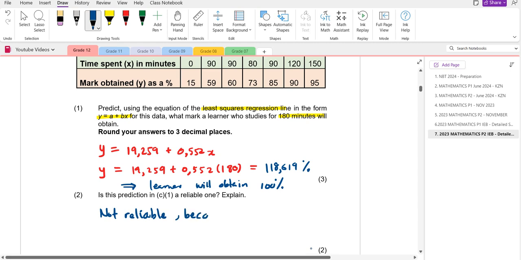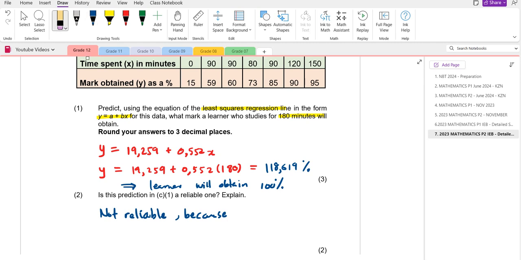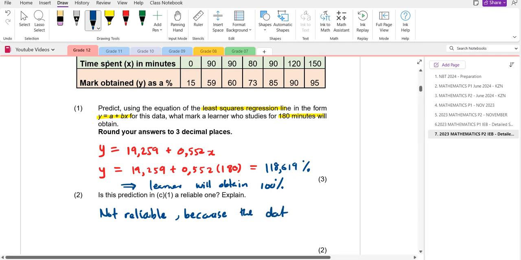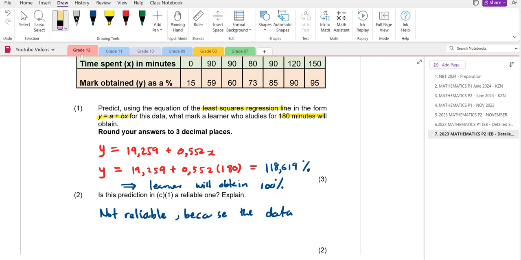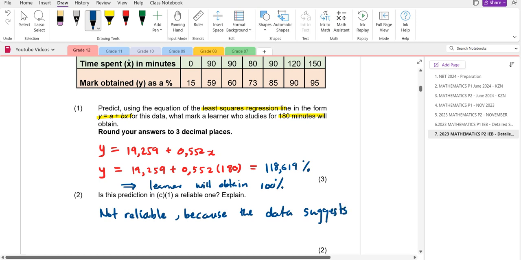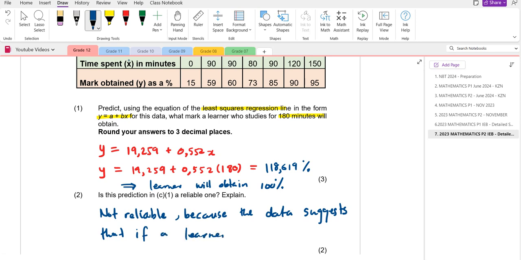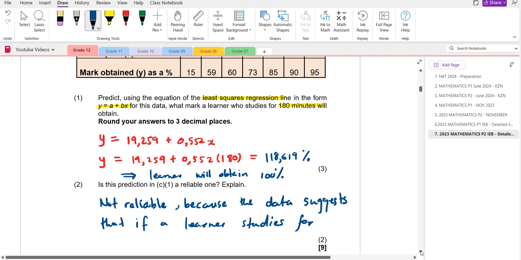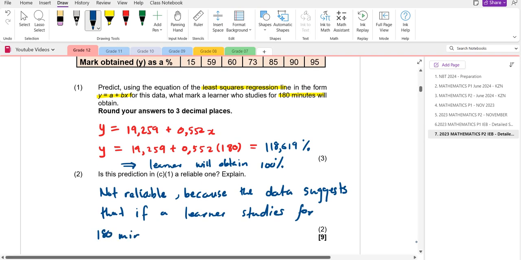Why is it unreliable? Because the data suggests that if a learner studies for 180 minutes, he will always get 100%.